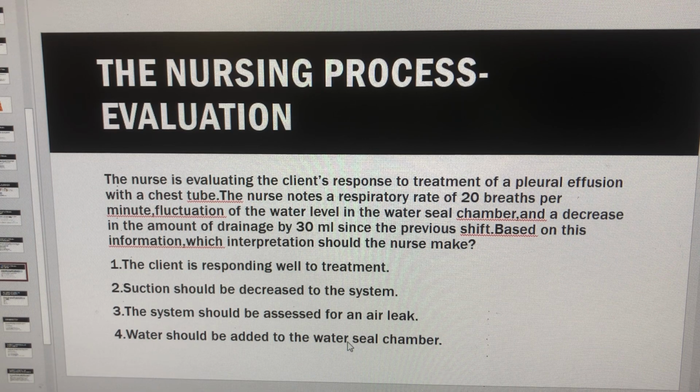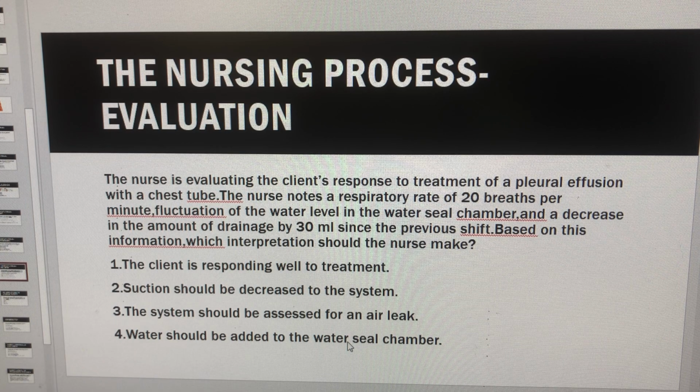Because the client is being treated for a pleural effusion, it can be determined that he or she is responding well to treatment if the amount of drainage is gradually decreasing because the fluid from the pleural effusion is being effectively removed. If the drainage were to stop suddenly, the chest tube should be assessed for a kink or blockage.